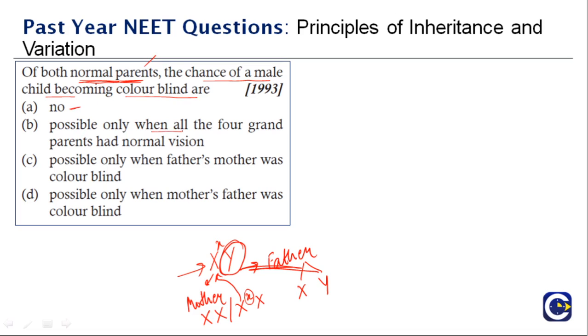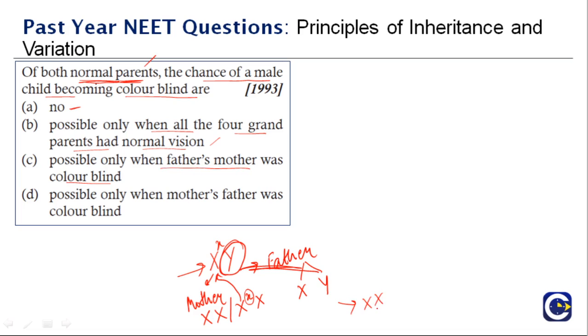Possible only when all the four grandparents had normal vision. If all the four grandparents had normal vision, definitely the son also has normal vision. Possible only when father's mother was colorblind.